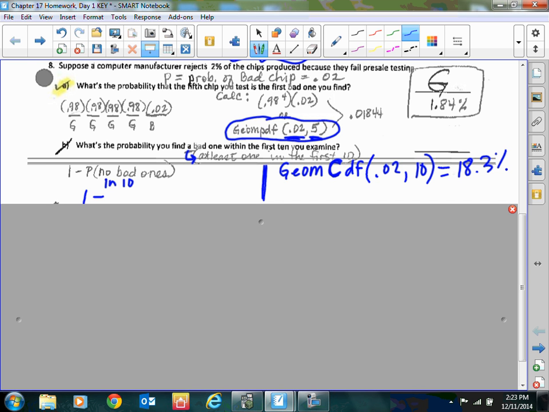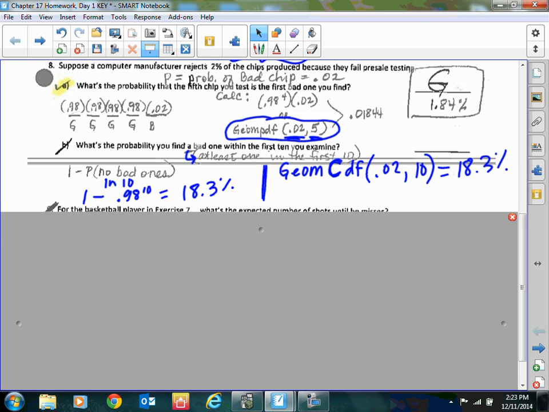Good. That means they are all good. So that means 1 minus the probability of all 10 of them being good. This also equals the same amount. So either way that you think of that, those are both okay processes. Just show one of those methods.